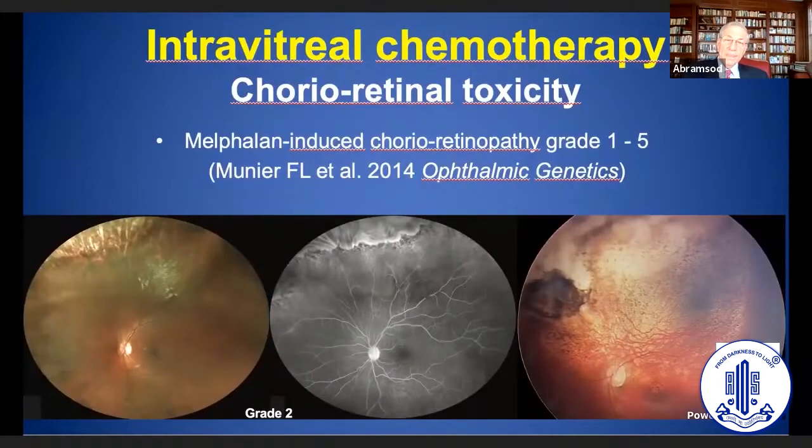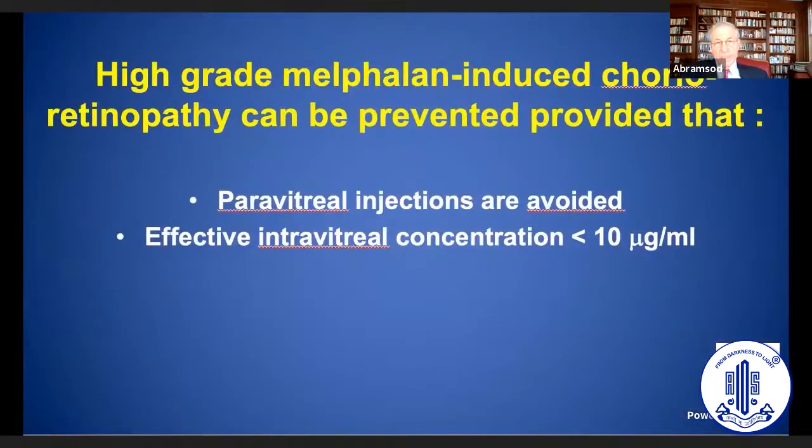Now, just to remind that toxicity has been graded 1 to 5. You have the reference here, and I think it's very important to use all the tricks to avoid high-grade melphalan-induced retinopathy. Here are two important tricks.